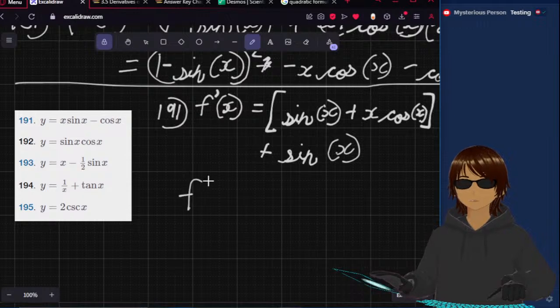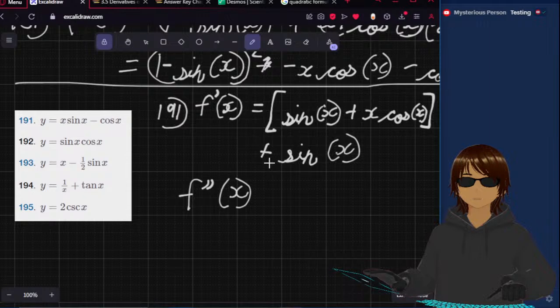So the second derivative would be, this would be 2 sine, 2, hold on. Okay, this is going to be a little more complicated. Derivative of the first times the second plus the first times derivative of second. Okay.